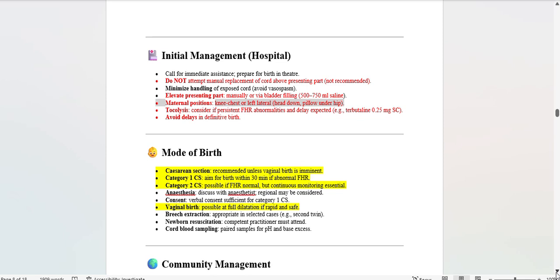So that's why we should not touch the cord again and again. Elevate presenting part manually or through bladder filling. As I told you, maternal position: knee chest or left lateral, head down below the hip. Tocolysis considered if persistent fetal heart rate abnormalities and delay expected, terbutaline, but always avoid indefinite delay of birth.